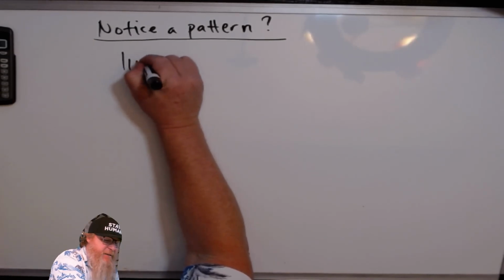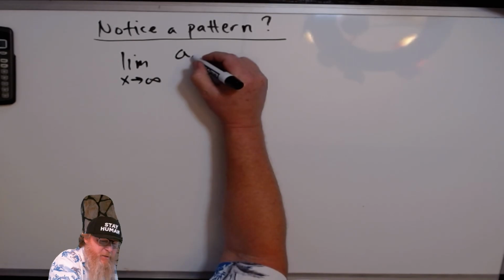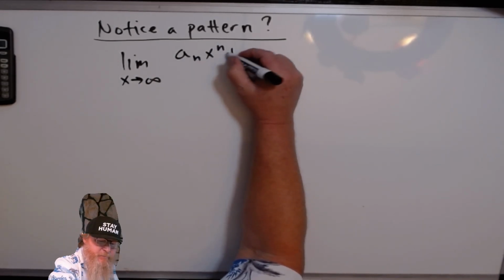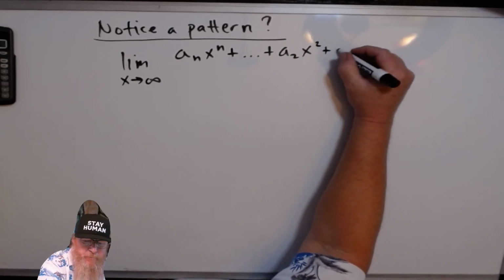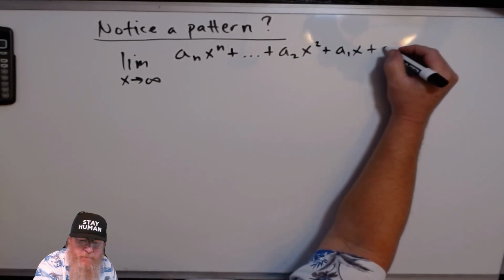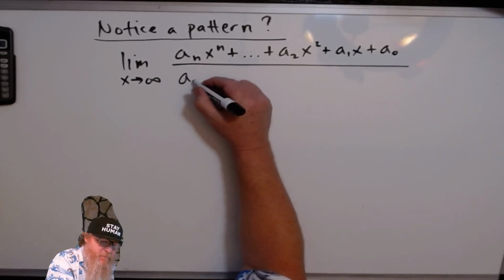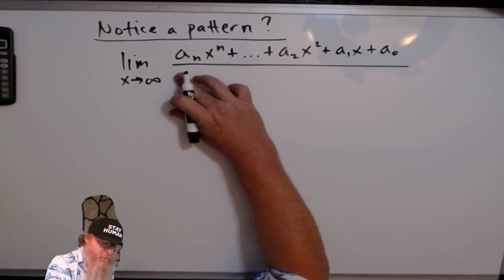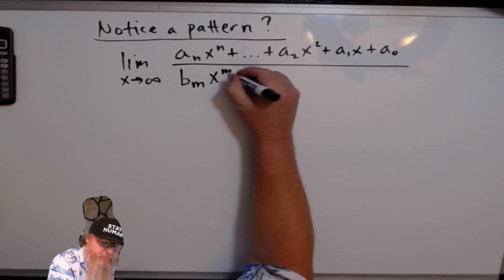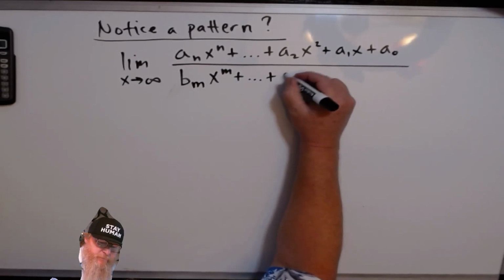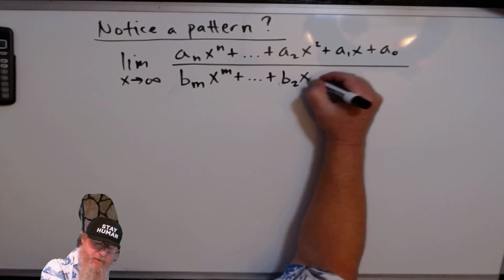So if you're taking the limit of two polynomials, we'll call those A's, we'll call these B's. So A for numerator, B for denominator.